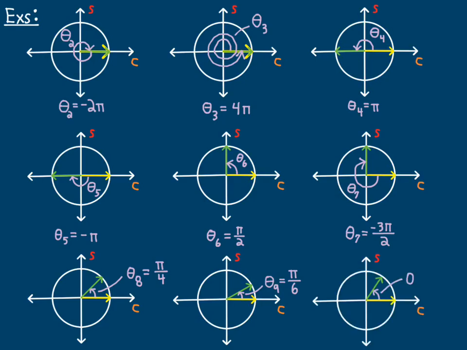And then this one is 2/3 of that quadrant. So this is twice as far as theta 9. So this is 2 pi over 6, which is pi over 3. And you might notice this is pi around to here. So there's one over here that's 1/3 of pi, so there's another one here that's 2/3 of pi, or 2 pi over 3.